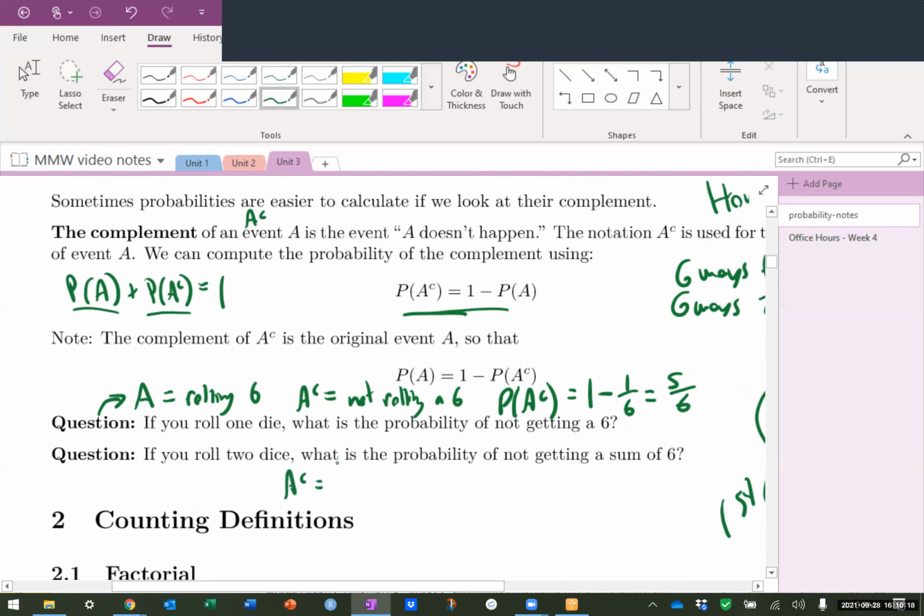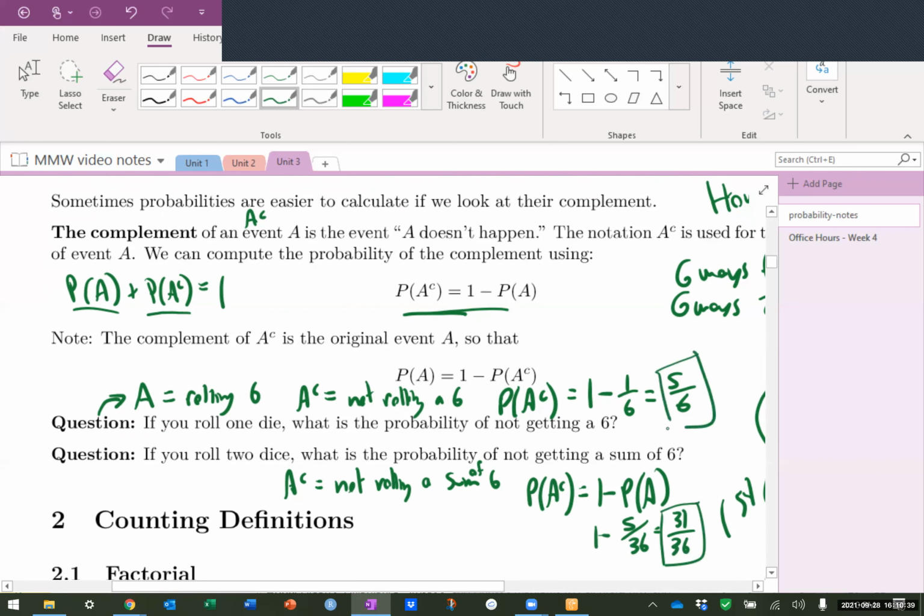So again, we'll make A complement not rolling a sum of 6 for the 2 dice. So the probability of A complement is 1 minus the probability of A, which we found before to be 5/36. So 31/36. So that's just a simple example of how you can use counting and one rule to find really a lot of different probabilities.